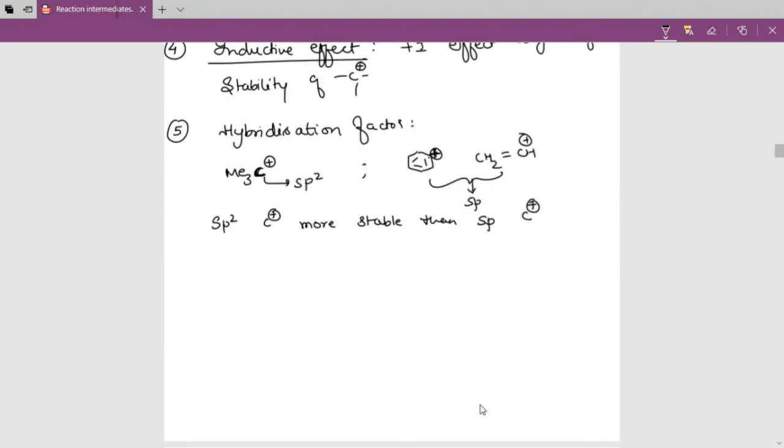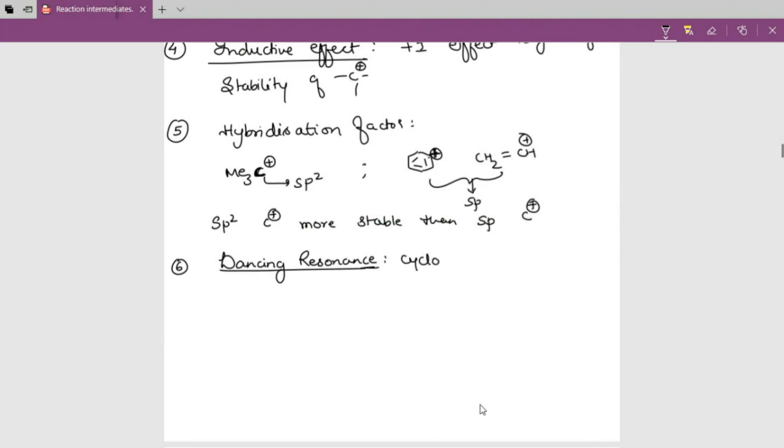Then there is one particular factor, the sixth point we should write, something called dancing resonance. This factor is a very specific phenomenon. It is not a general phenomenon, and is almost limited to the molecule I am taking.